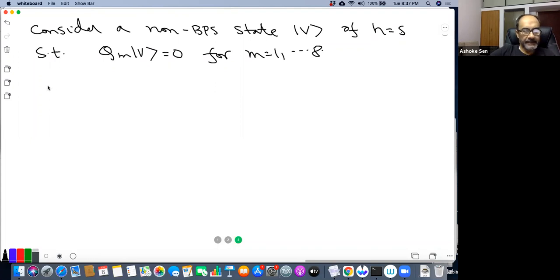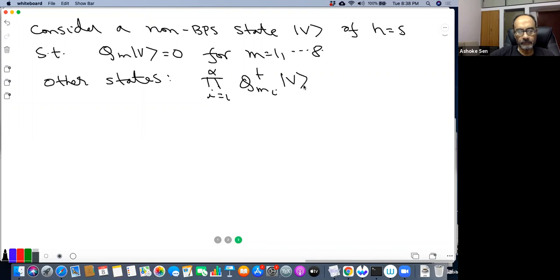Then the other states in the same supersymmetry representation are obtained by acting with creation operators. They have the generic form with i equal to 1 to alpha, where alpha is some integer, so alpha runs from 1 to 8.